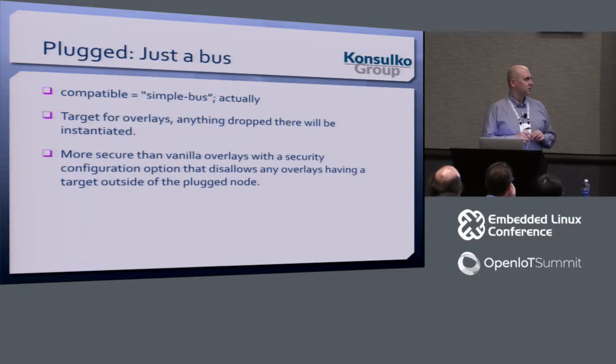It's not foolproof regarding security. So using the connector, you only have a single target where you can drop overlays, and the connector driver will make sure all the devices are instantiated in a way that you don't break out of the cell of the connector. The security is much better.